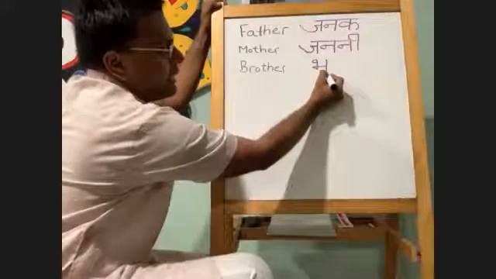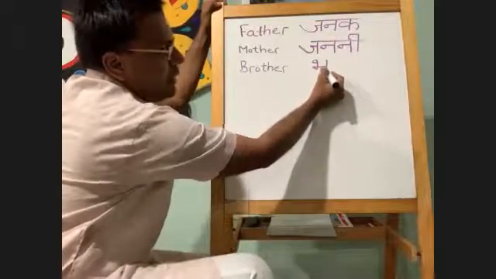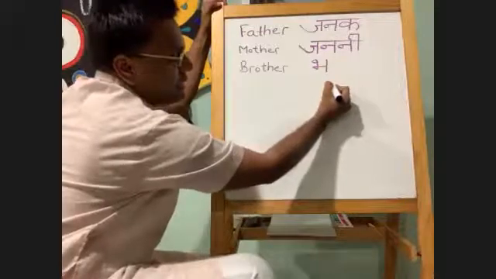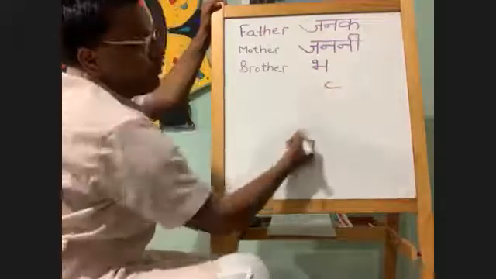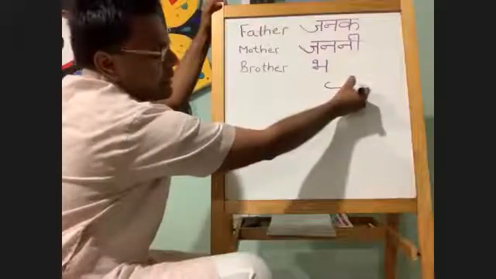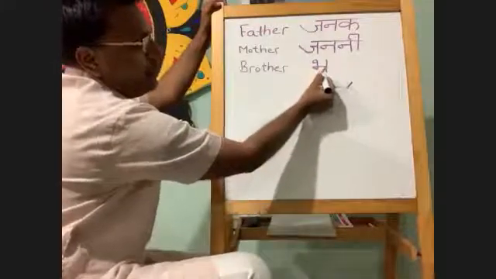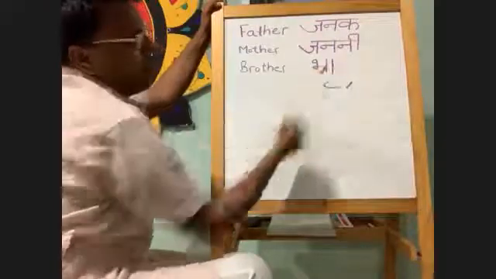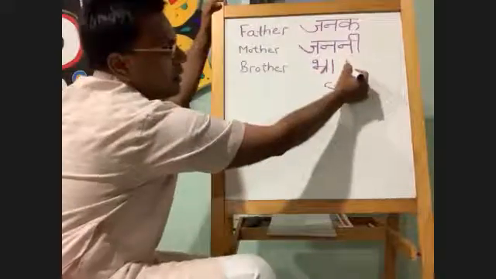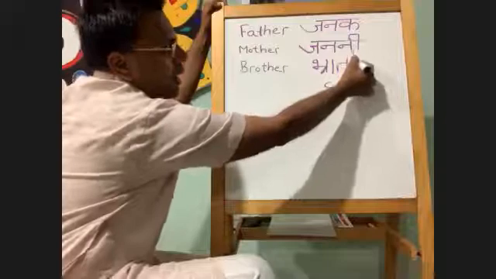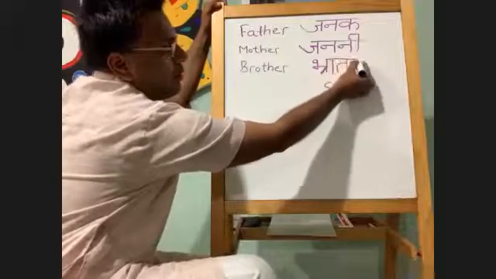So that re is addressed by its matra, and it goes like this in the foot. So we are going to use it this way here. Ra, a, bra, ta, a, bhrata.